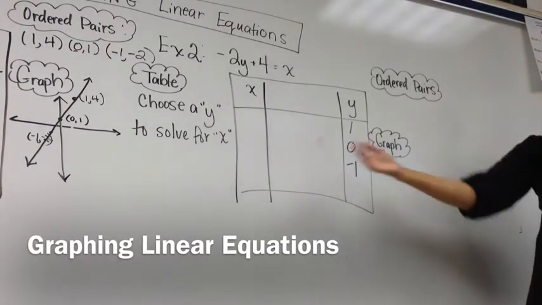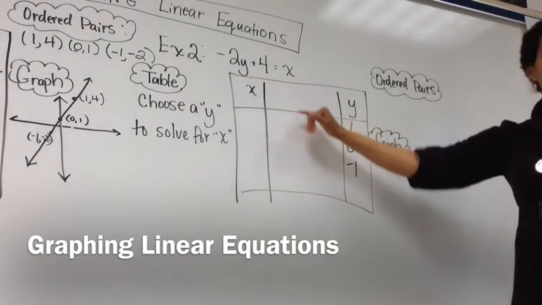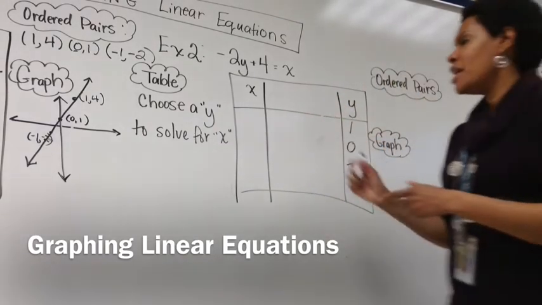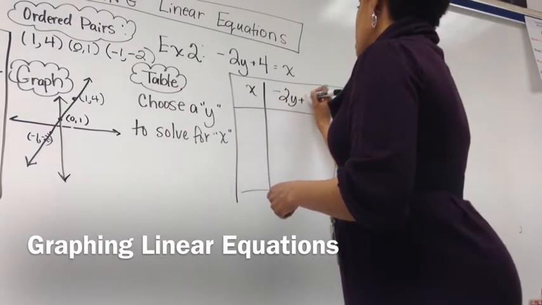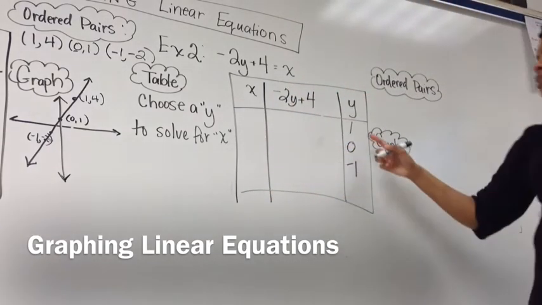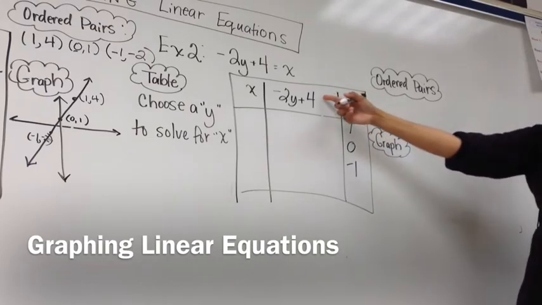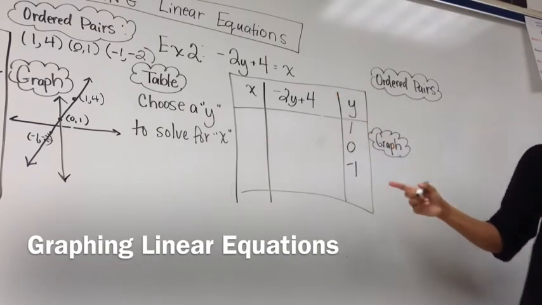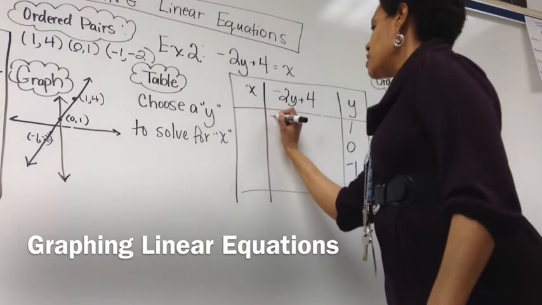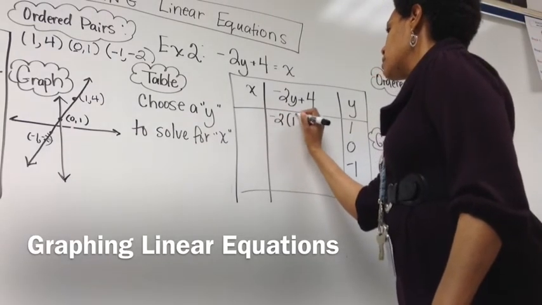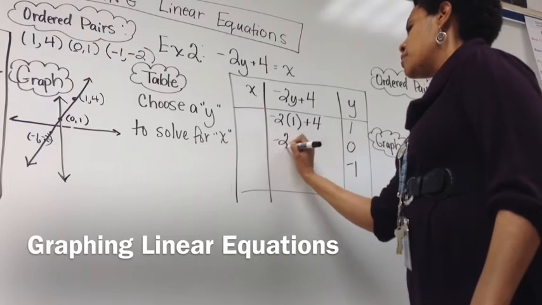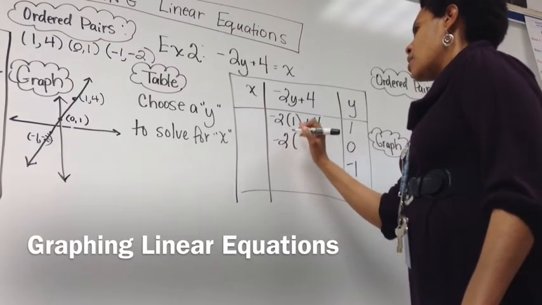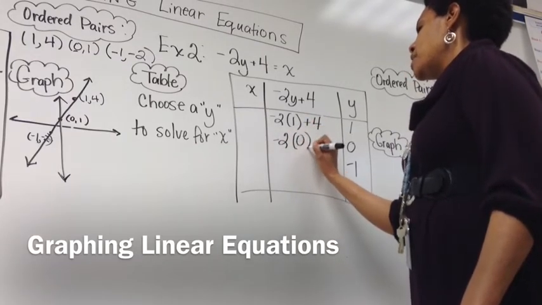Okay, so we're going to do the same thing. In this space, I'm going to write our equation. I'm going to solve this equation 3 different times. The first time I solve it, I'm going to plug in a 1. The next time I solve it, I'm going to plug in a 0.